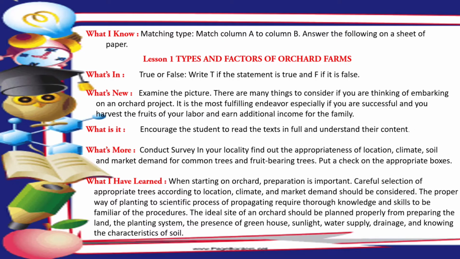The ideal site of an orchard should be planned properly, from preparing the land, the planting system, the presence of greenhouse, sunlight, water supply, drainage, and knowing the characteristics of soil.